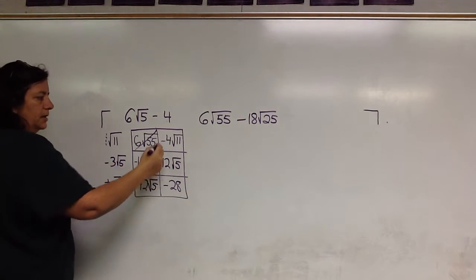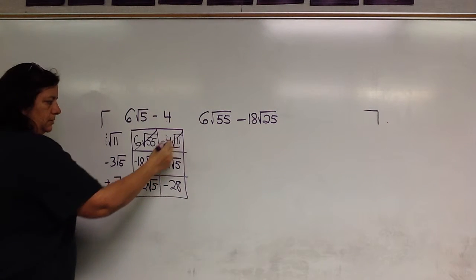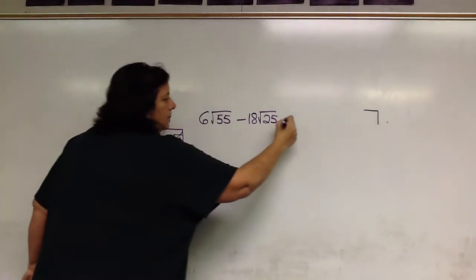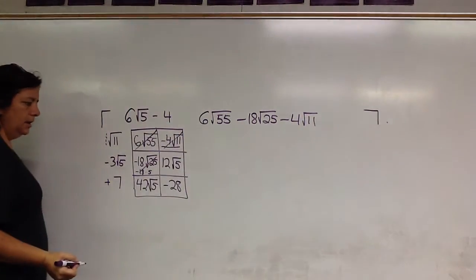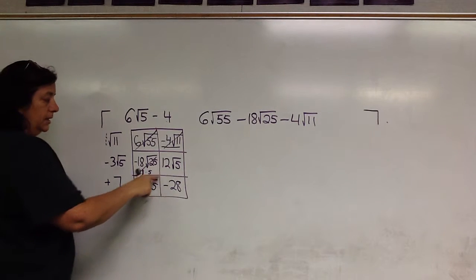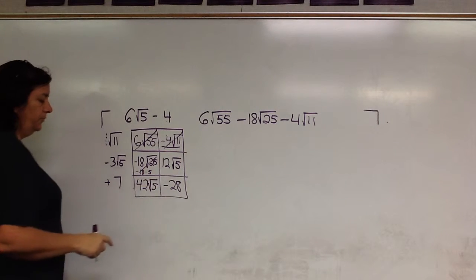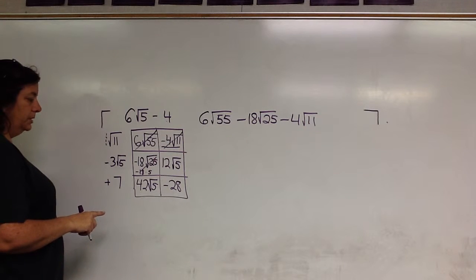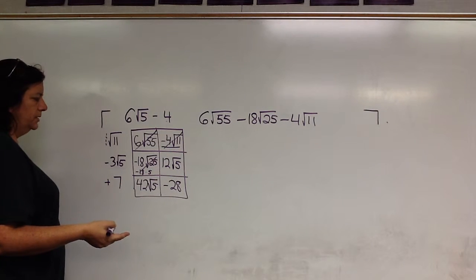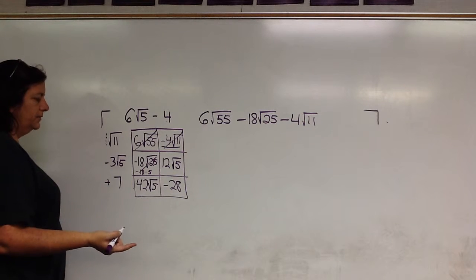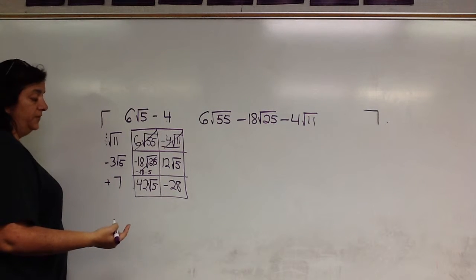I have negative 4 root 11. And I have two different things that are root 5s. I have a 42 and a 12. So what is 42 and positive 12? That's 54.